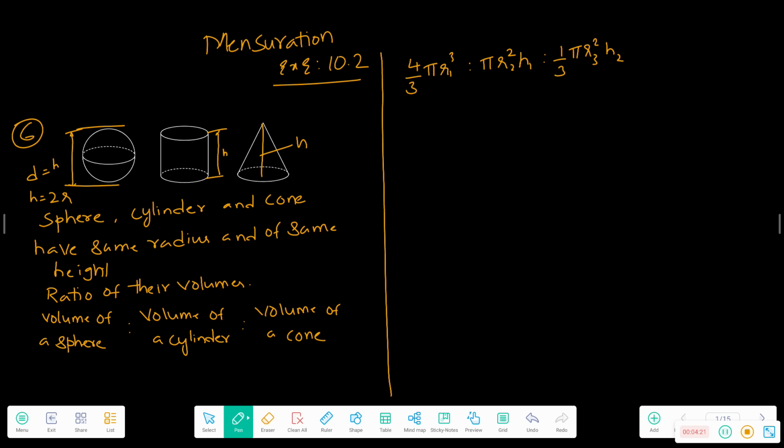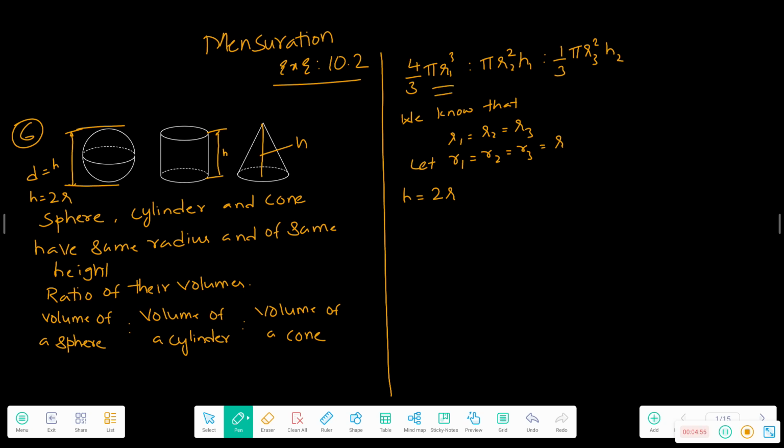We know that r1 is equal to r2 is equal to r3, so let them all be equal to some r. And in the sphere, we know that h is equal to 2r.